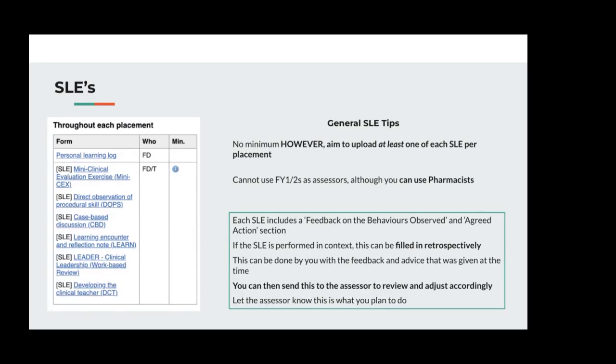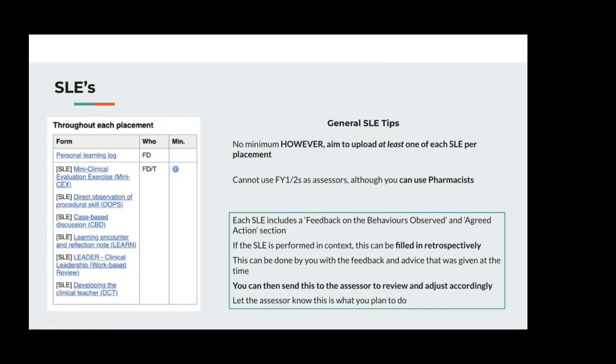Some other top tips to be aware of is that each SLE has, so you fill in what you've done, you fill in a reflection on the event or what have you, and then it also has a feedback on the behaviours observed and agreed action section, which is where the trainer can fill in how they think you could improve.